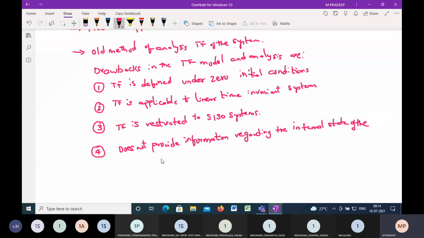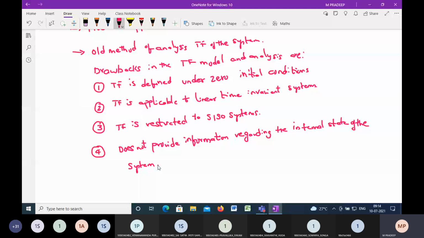So this transfer function analysis does not provide any such information. These are the four major drawbacks of the old methods used for the analysis with the transfer function of your system.